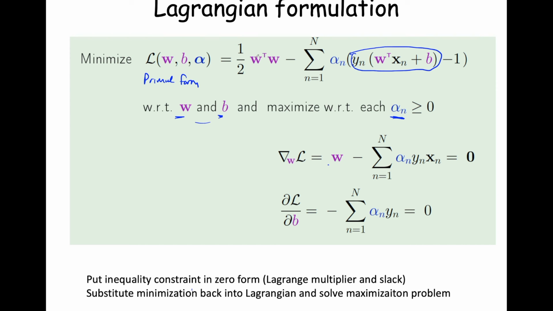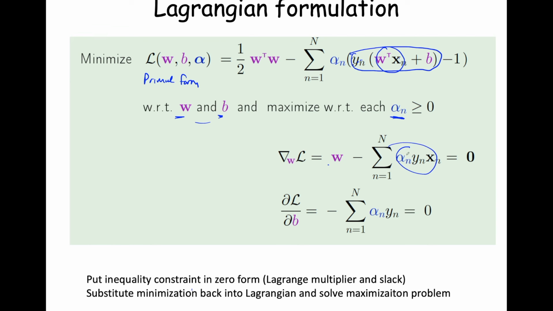So we get W minus, and then the only term that involves a W is this term, alpha n, yn, W transpose xn. W to the 1 power becomes alpha n, yn times xn, which is here.